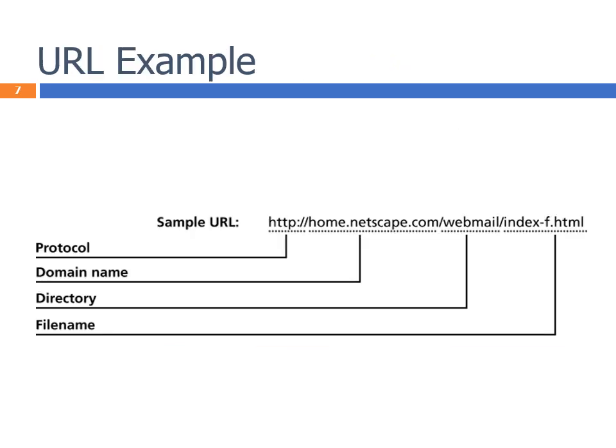The protocol, HTTP in this case, and we've seen that there's HTTP, HTTPS, FTP, and many others. The domain name represents our website, then the directory inside this website, and the file name of this web page.